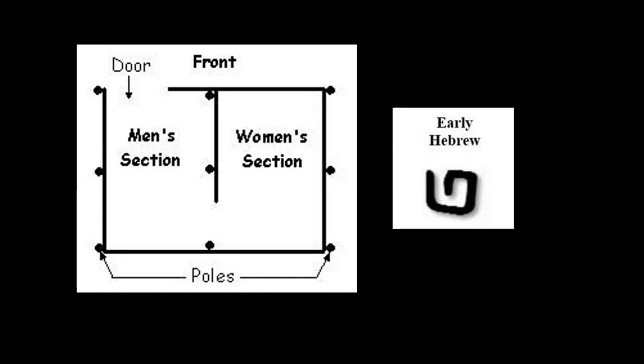And the women would be in an enclosed section where they have more privacy, considering various things that women go through, as well as the fact that the men were the protectors and the leaders. So the bath was seen as a tent or house, and so the letter was drawn in the same form. And we also see the poles, or pegs, which would have been used to hold the tent.